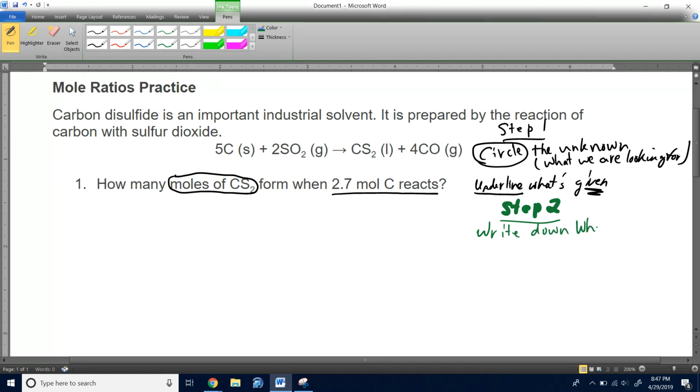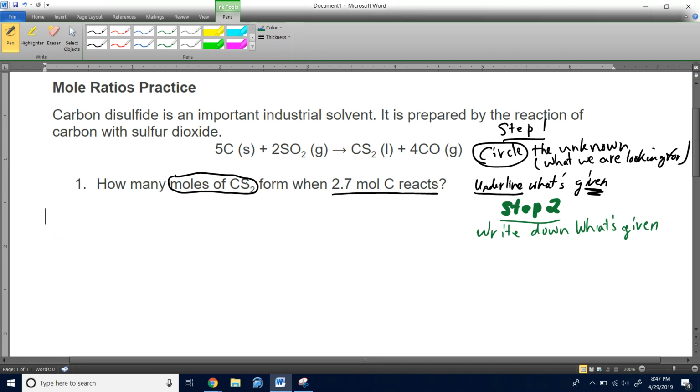This will give us direction in our problem, and it'll help us see a roadmap, kind of like a guided path on how to solve this problem.